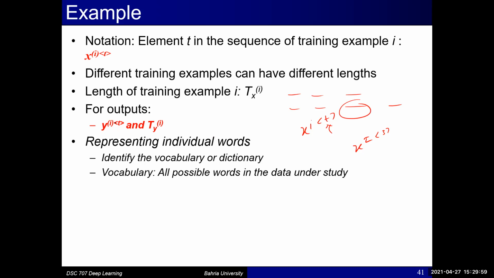The same convention will follow for y, which are the labels. The length of a training example can be different, so that's why we have the superscript i, giving you the length of the ith training example. Similarly, you will have the same for y as well.